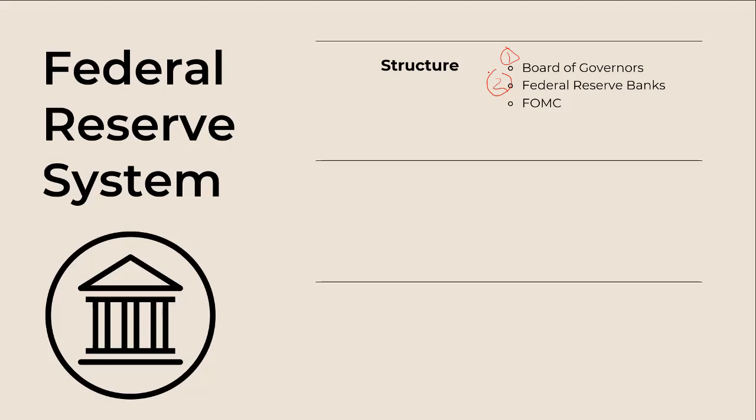The biggest one is the Federal Reserve Bank in New York, which has extra responsibilities, which we're going to talk about in a second. But the key takeaway is that each region has its own Federal Reserve Bank. Like there's one in Chicago, in the South there's one in Atlanta, there's another one in Richmond, Virginia. So there are 12 of these banks scattered around the country, and each bank is tasked with regulating and controlling and dealing with the banks in its particular region.